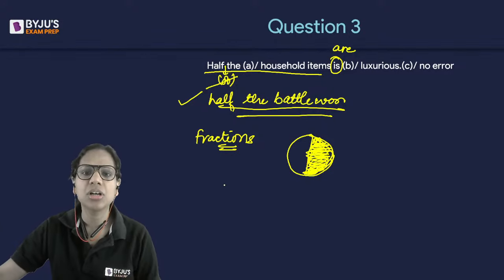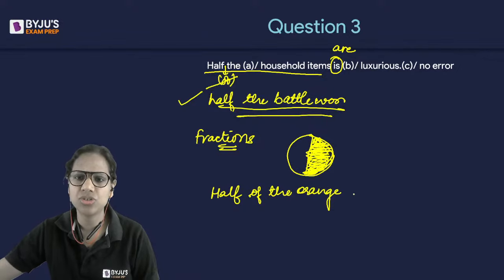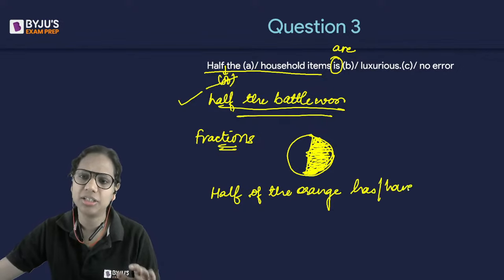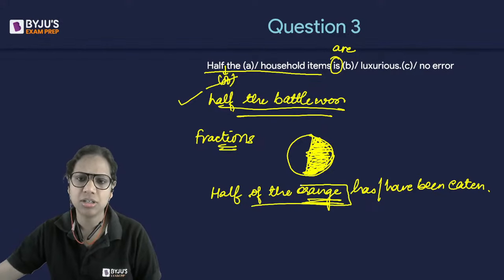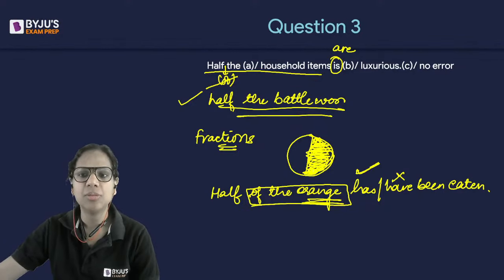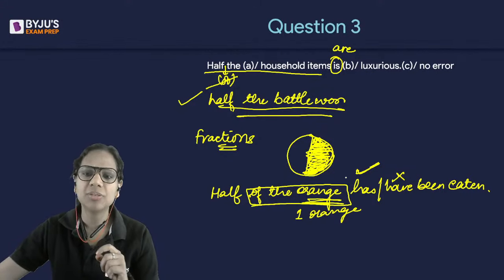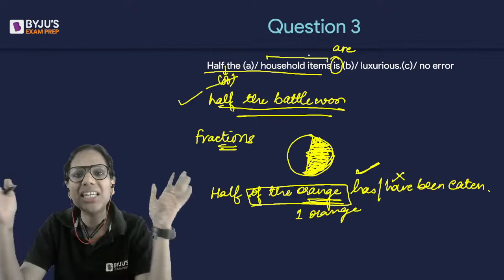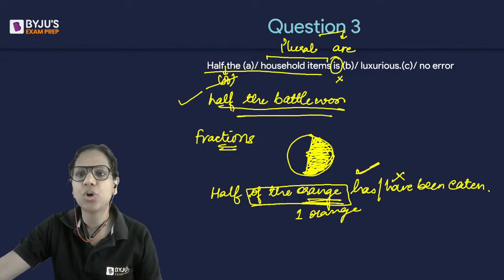So half the orange or half of the orange has or have been eaten, right? Because I'm talking about one orange here, you will never say half of the orange have been eaten. You will say half of the orange has been eaten because I'm talking about a proportion of one single orange. But here I am talking about a proportion of many household items, isn't it? This is plural. So I will put a plural verb here and not a singular verb.